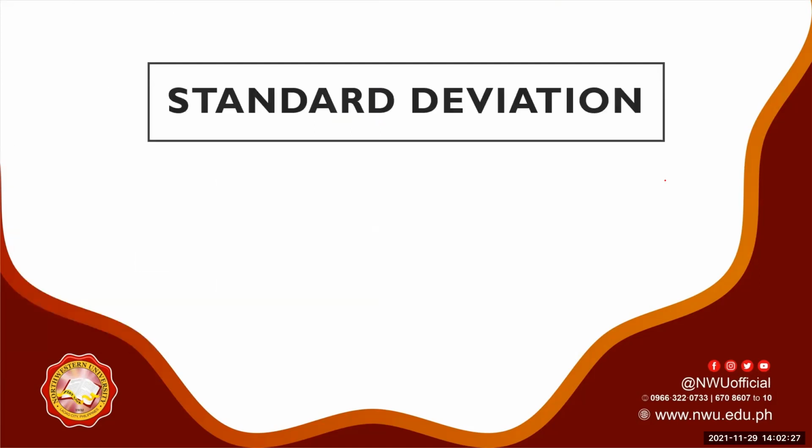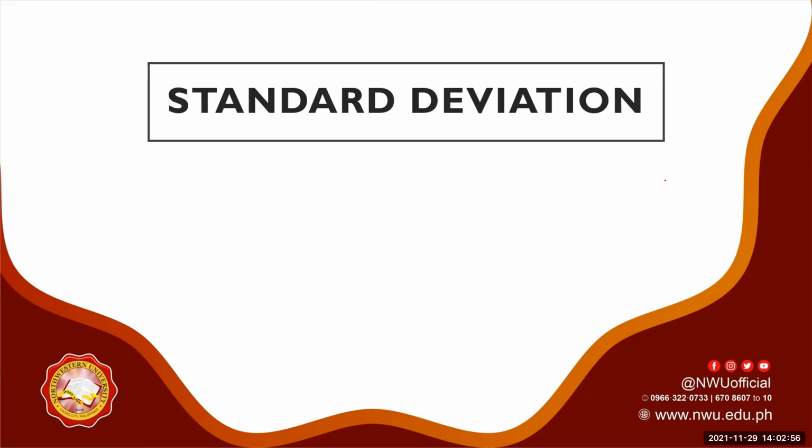Now, another example of a measure of central tendency is the standard deviation. Sinabi ko kanina that some of the most important types of measures of central tendency are the mean, mode, and median. So sila yung mga ilan sa mga importante. But also, standard deviation is also important.